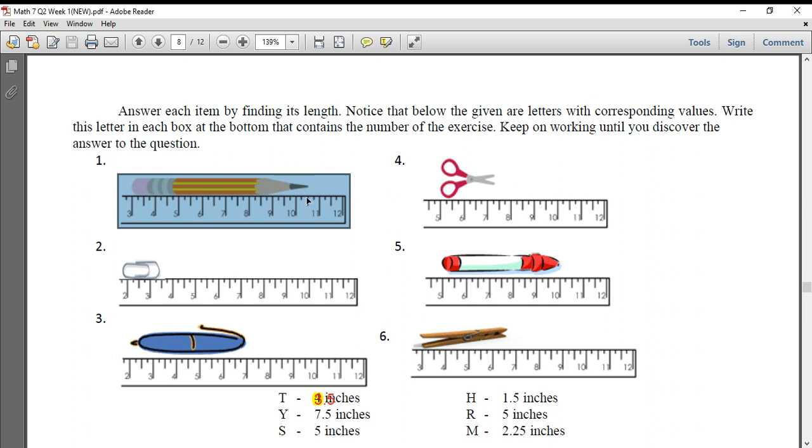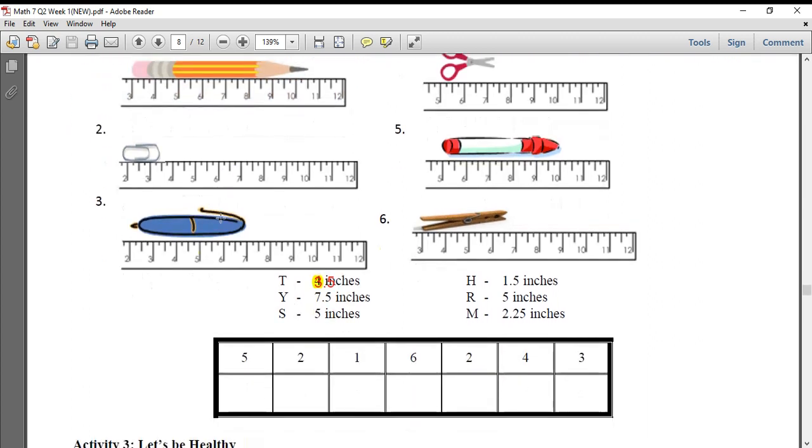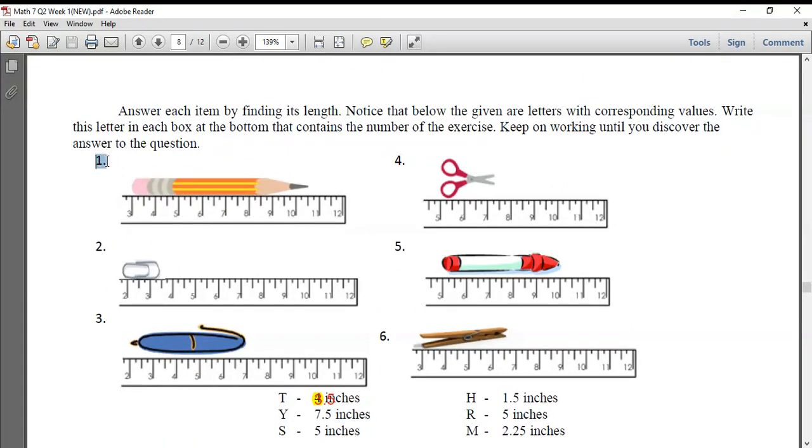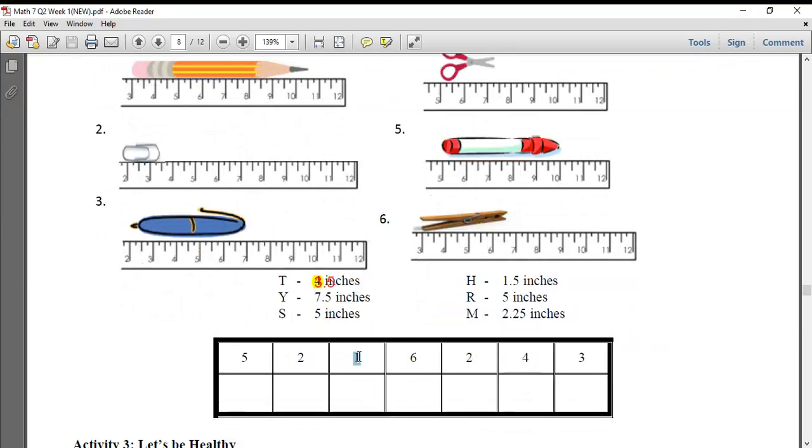7.5. Okay, so that's number 1. 7.5. So, hanapin natin dito yung 7.5. At ano to? Number 1. Sa number 1, dito, ang lalagay natin ay yung letter. Okay, so dito, sa letter na to. Okay, 7.5.